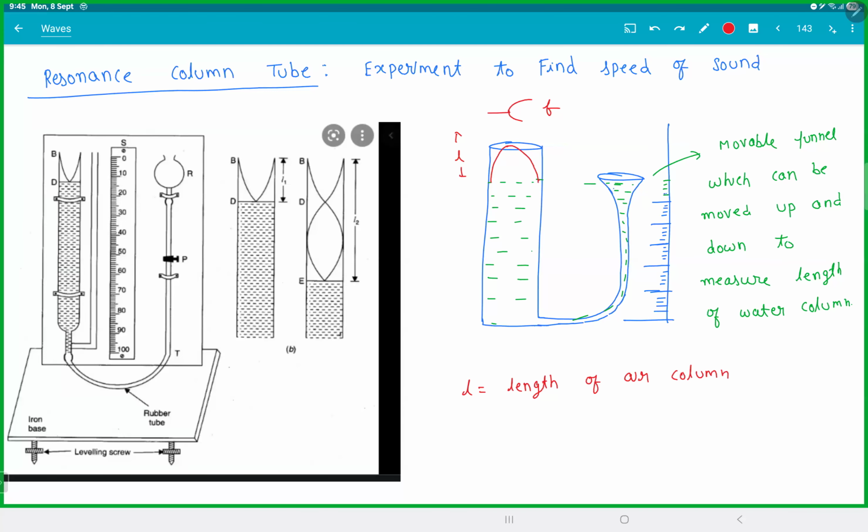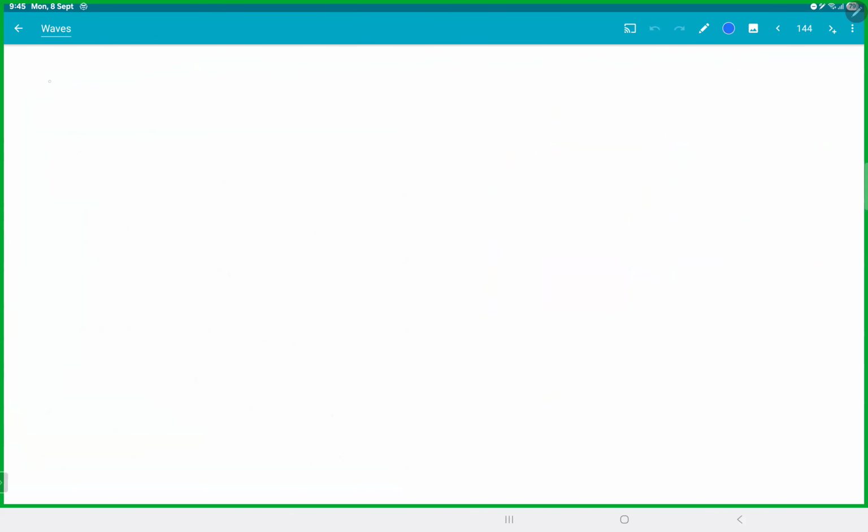When you move the funnel up and down, you can change the water level. We have a tuning fork of known frequency. So how do we use this? You can keep increasing the water level or keep decreasing it. Let's say we keep decreasing the water level. Normally they keep increasing.